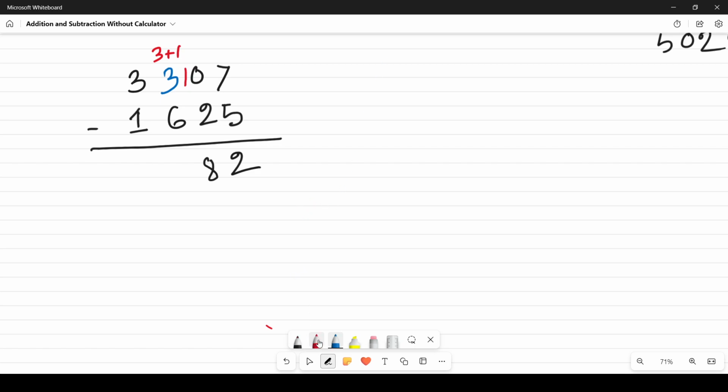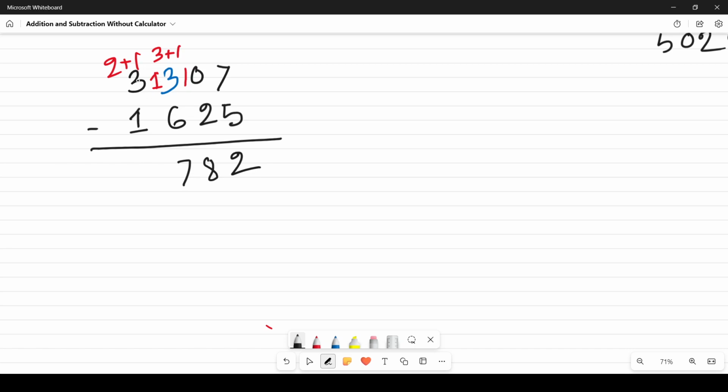So what we are going to do, we are going to do the same thing. We are going to hire 1 from this 3. So we'll just split it like 2 plus 1, and then we are going to hire 1 to form 13 here. Now, what do we get if we subtract 6 from this 13?